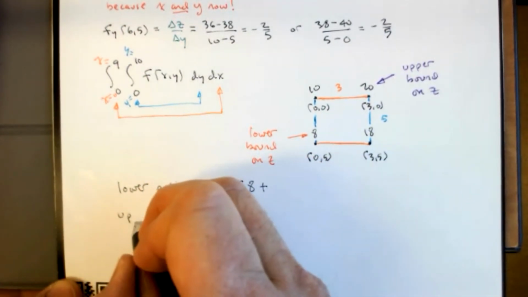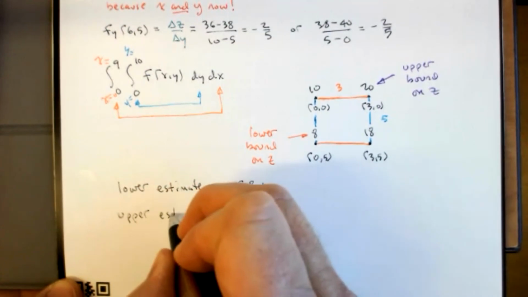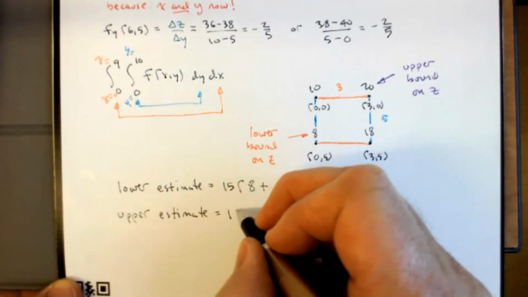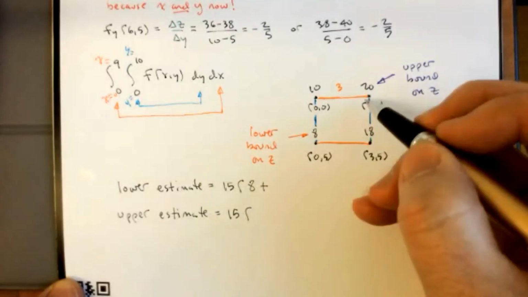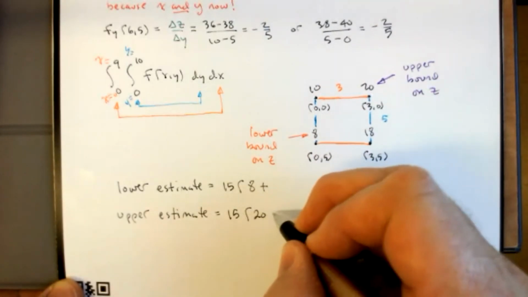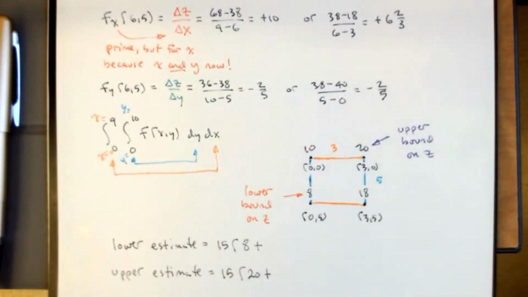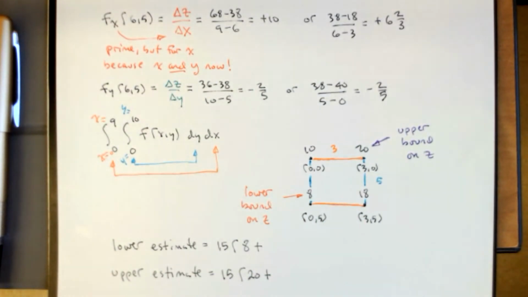And for my upper estimate, my area is 15, and for this first rectangle, the highest value is 20. Now we just have to go to each rectangle that has an area of 15 and find out which one is lower and which one is upper.